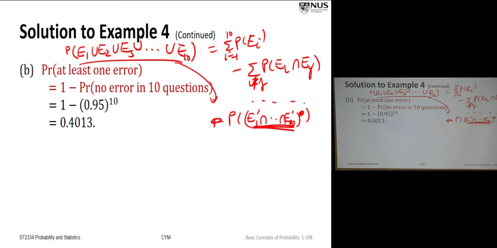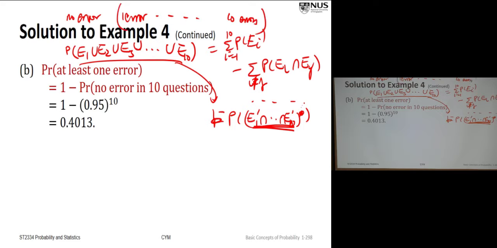So complement of it, or 1 minus. At least one error means that it's the complement of no error. No error, the complement is at least one error. So that means no error, one error, up to 10 errors.